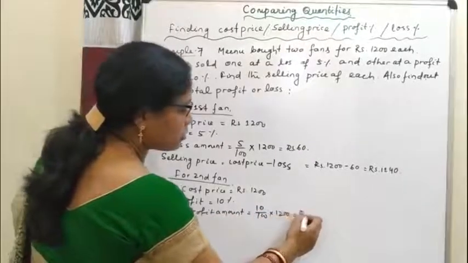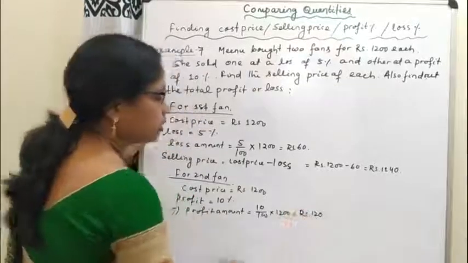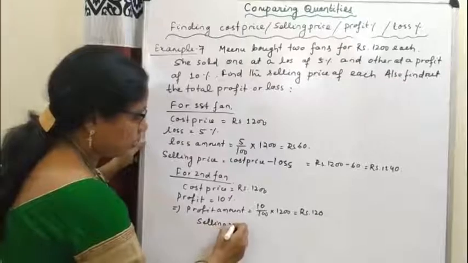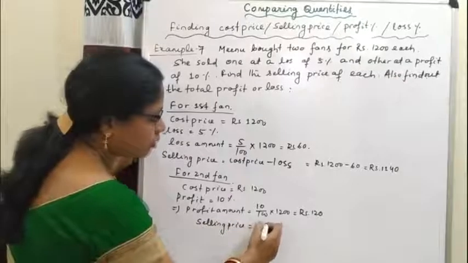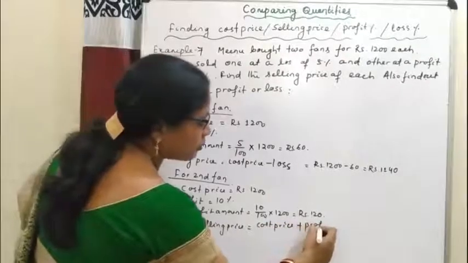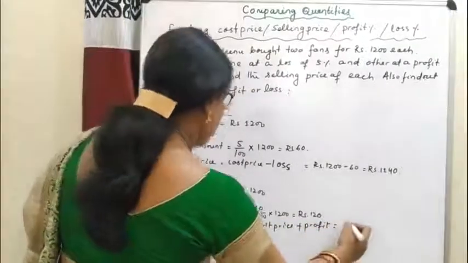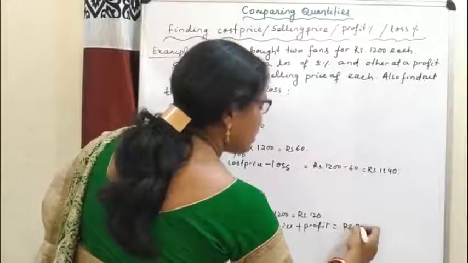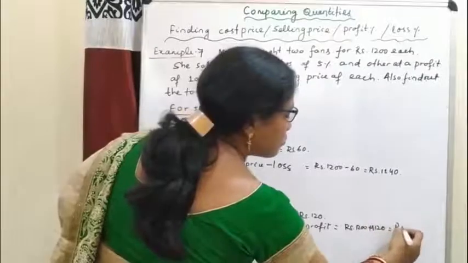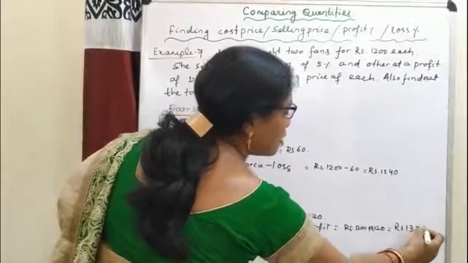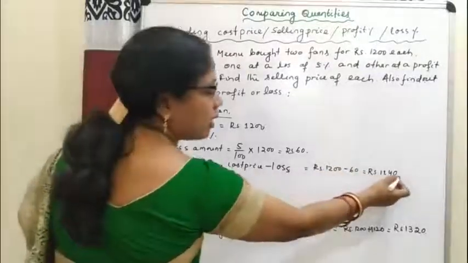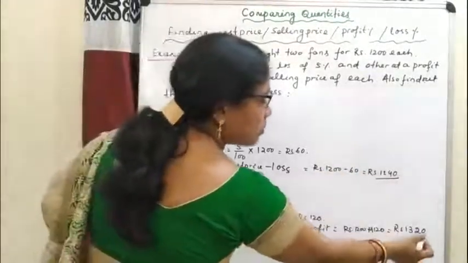So this is equal to rupees 120. So what is the selling price? Selling price is equal to cost price plus profit. So this is equal to rupees 1200 plus 120, which is rupees 1320. So this is the selling price of the first fan and this is the selling price of the second fan.